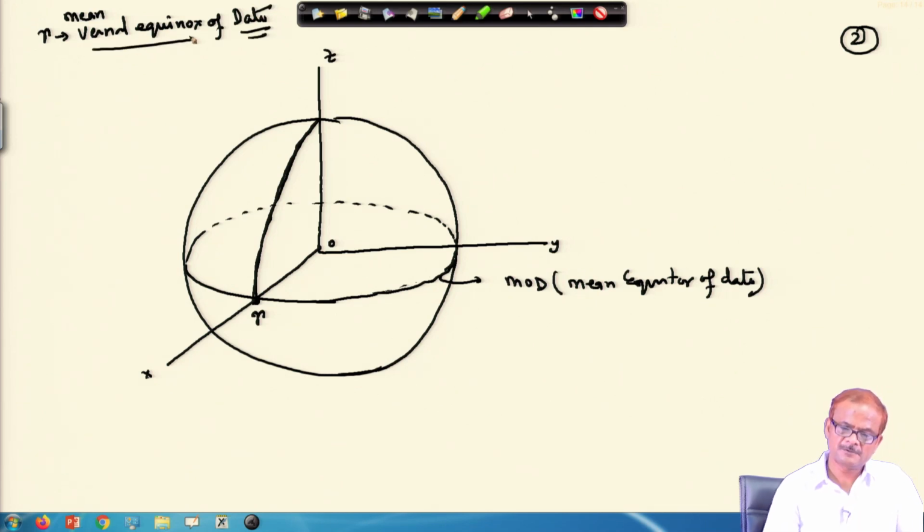Once we give the nutation correction, then the mean term will drop out and we get only the vernal equinox of date. And here you have the ecliptic as shown earlier.